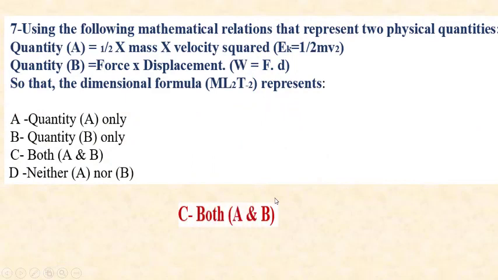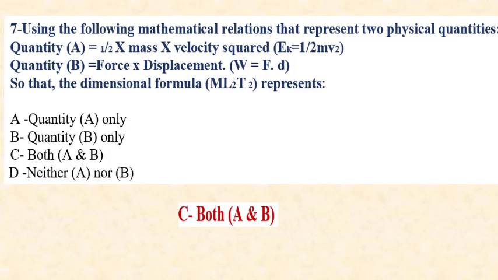The next question. Using the following mathematical relations that represent two physical quantities. I have two physical quantities. The first one, A equals half times mass times velocity squared, half mv squared. Sorry, I missed, kinetic energy. So the dimension of kinetic energy, what is the kinetic energy formula? It is the same as work, which is M L squared T to the power negative 2.